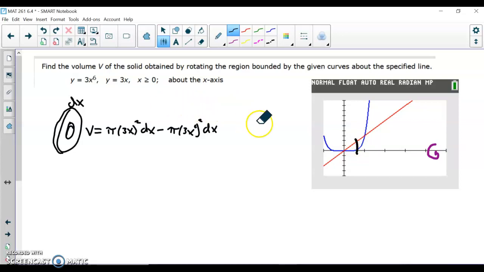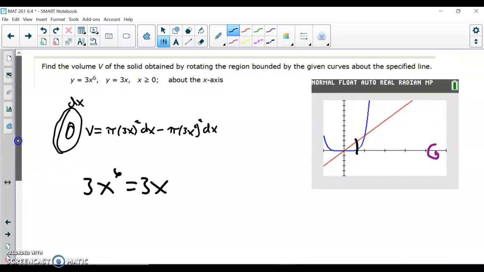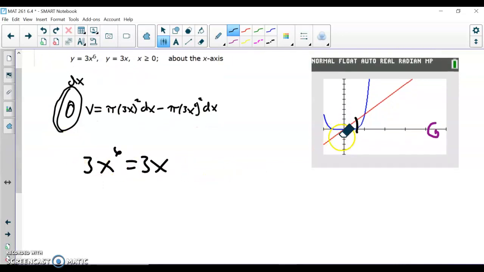So the way to do that, of course, is we don't know. I mean, there's a 0 there, it starts at 0, but look, we're just setting 3x to the 6th equals 3x. Let's go ahead and, we already consider the solution x equals 0, right? X can be 0, but you've got to be careful dividing by a variable sometimes. But when x is 0, we have a solution.